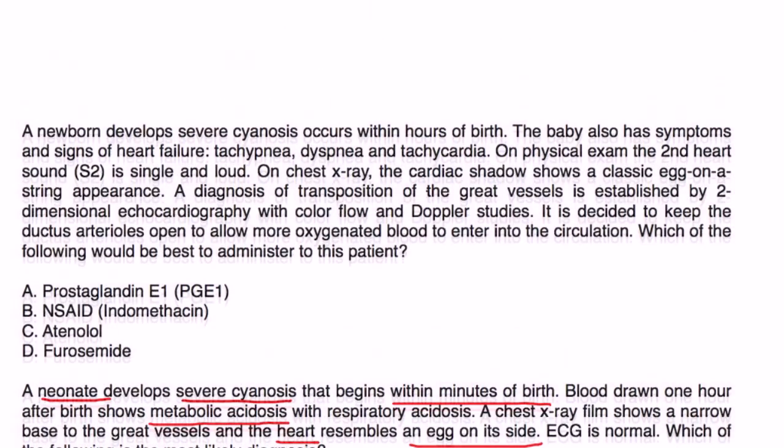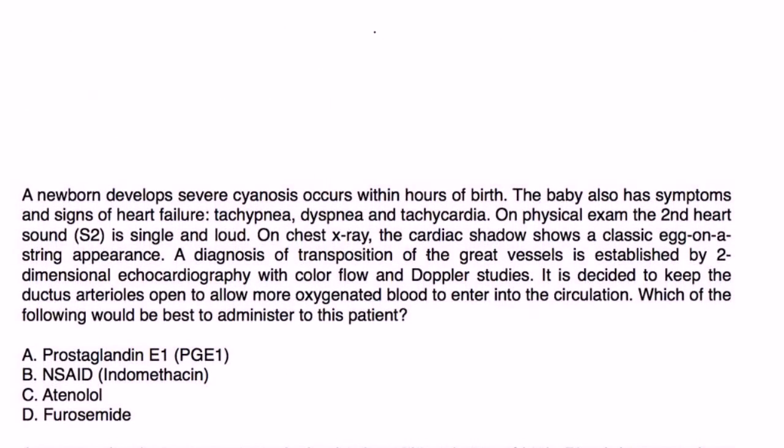And then the last one. A newborn develops severe cyanosis, occurring within hours of birth. The baby also has symptoms and signs of heart failure: tachypnea, dyspnea, and tachycardia. On physical exam, the second heart sound is single and loud. On chest x-ray, the cardiac shadow shows a classic egg on a string appearance.